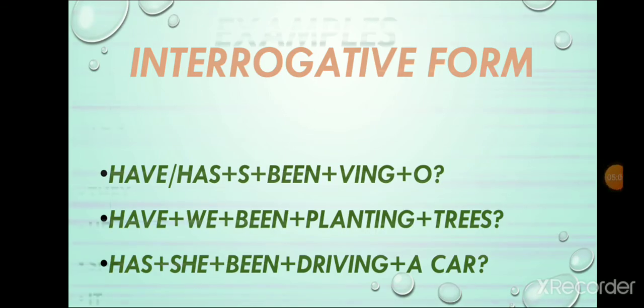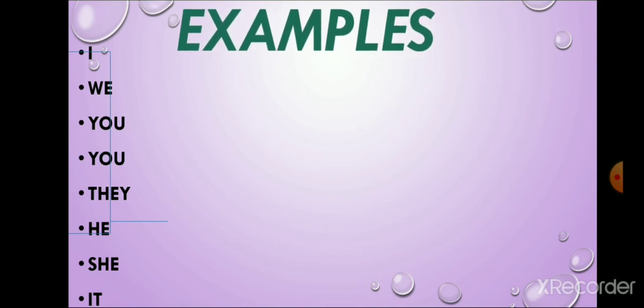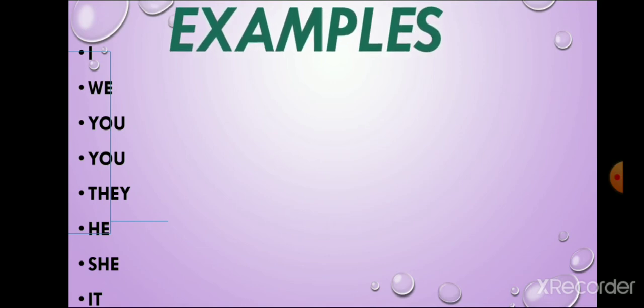So next, there are some examples we should learn, and from that table, you can prepare so many sentences. In the first column, we are going to see the subjects. Which subjects are we seeing here? Subject I, we, you, you, they, he, she, it.